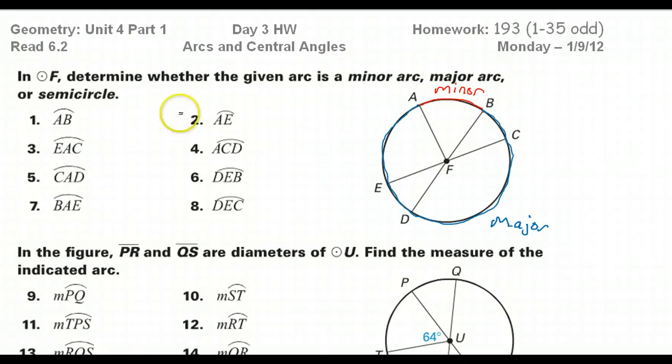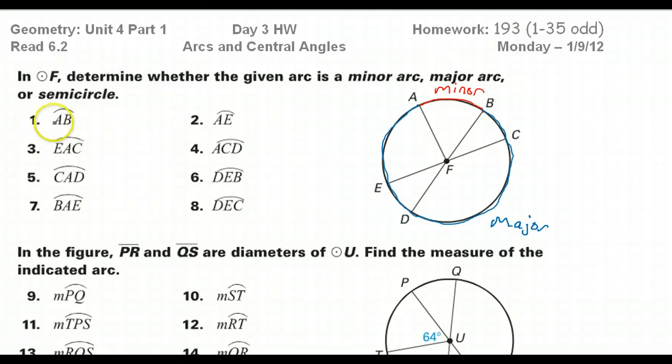And the answer to that is, can you notice that some of these are written with only 2 letters, and some of these are written with 3 letters? If it's written with only 2 letters, like arc AB, you are supposed to assume that we are talking about the minor arc. If you want to talk about a semicircle or a major arc, if you want to go the long way around, you have to include a 3rd letter to show that you went the long way around.